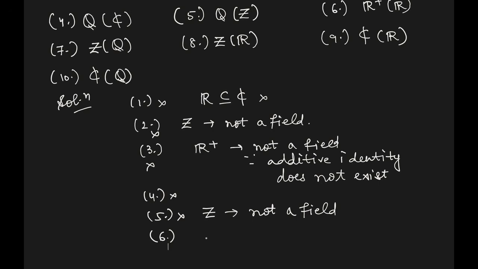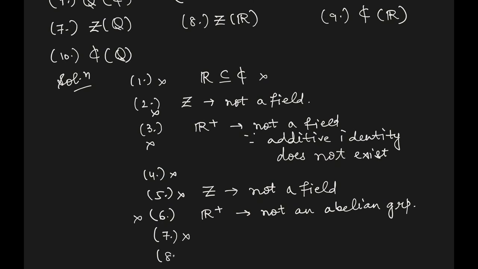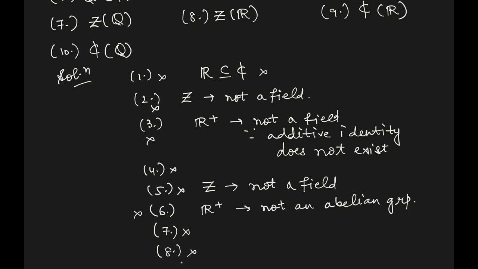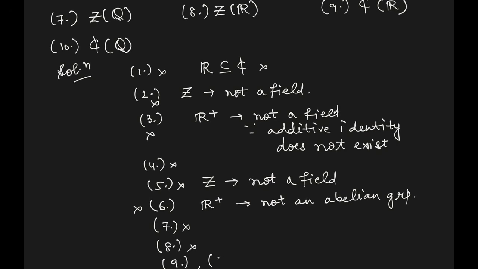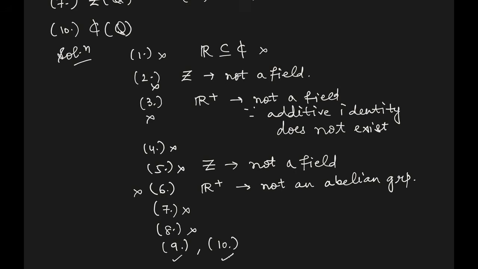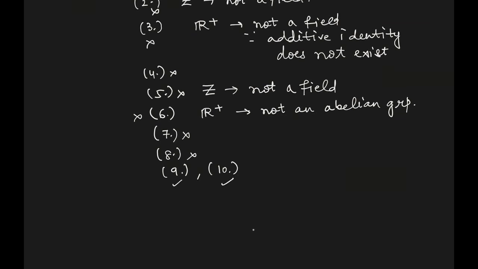R plus is not a vector space, not an abelian group, not a field. Seventh, again the trick is failing. Eighth, again the trick is failing. Ninth and 10th, all the properties are satisfied, or I can say the trick is satisfied. So only 9th and 10th are vector spaces.